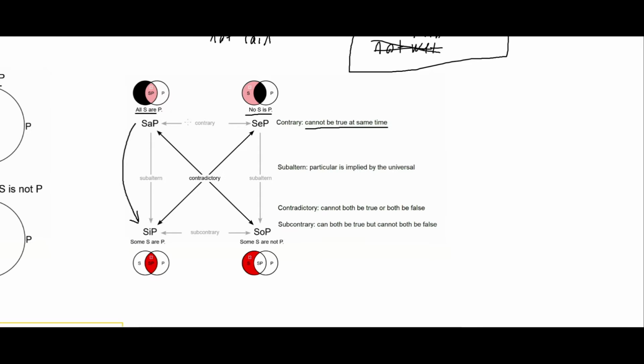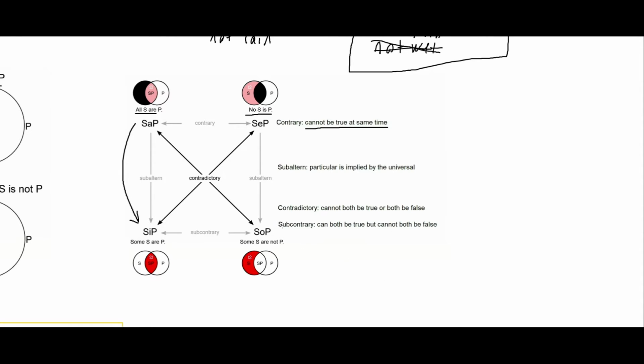So if all S are P, then it follows that some S are P. If, say, all humans are mammals, then it follows that some humans are mammals, because any subset of humans that you look at is going to be mammals. And the same with the "no." If no humans are birds, then it follows that some humans are not birds, because if you look at any subset of humans, they will not be birds.